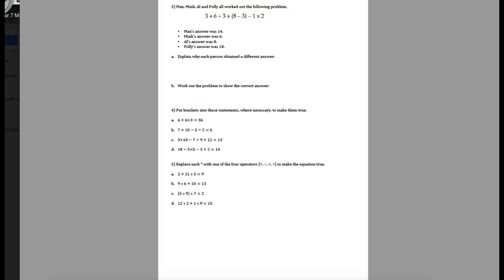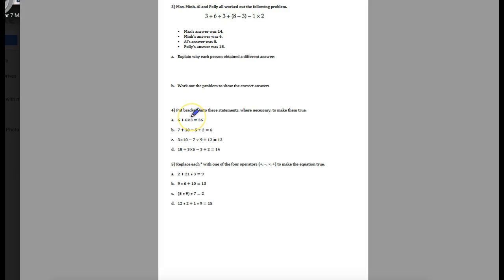All right, question 4. Put brackets into these statements where necessary to make them true. So we want it to be equal to 36. So we have 6 plus 6 times 3. Now, without the brackets, we would do this multiplication first, which is 18.